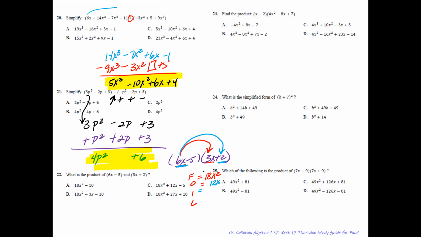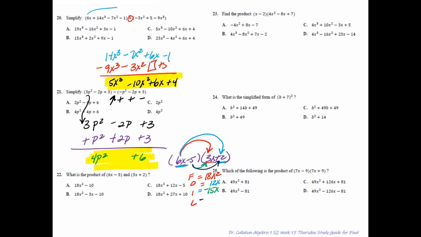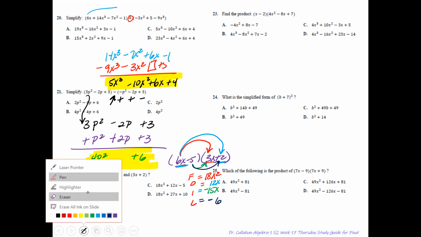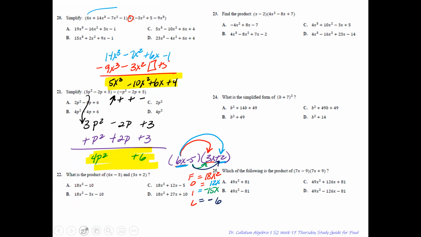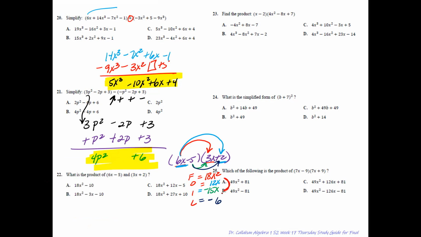Then you have inside, the inside numbers, so that's going to be negative 15x. And then, of course, you have last, which is negative 6. Now, there are two numbers here that you can actually combine. It's usually the outside and inside, which gives you a negative 3x. So altogether, your answer is 18x squared minus 3x minus 6. And that is your answer.